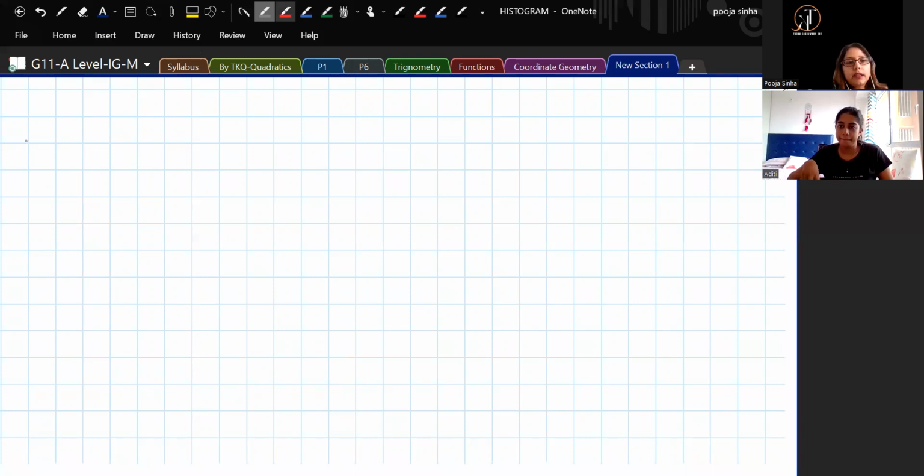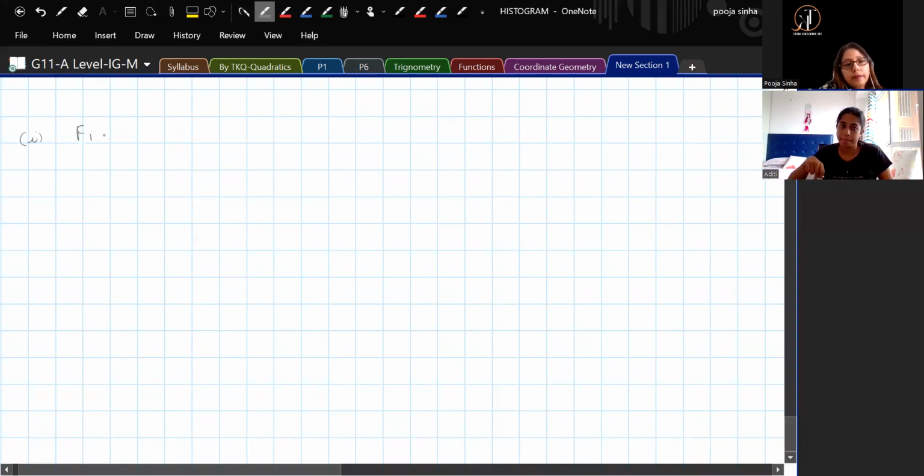You have to find the number of cars that bought less than 20 liters. Less than 20 liters will be which one?